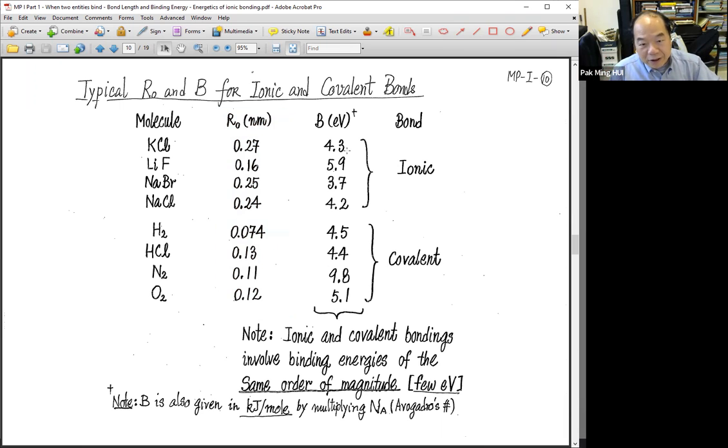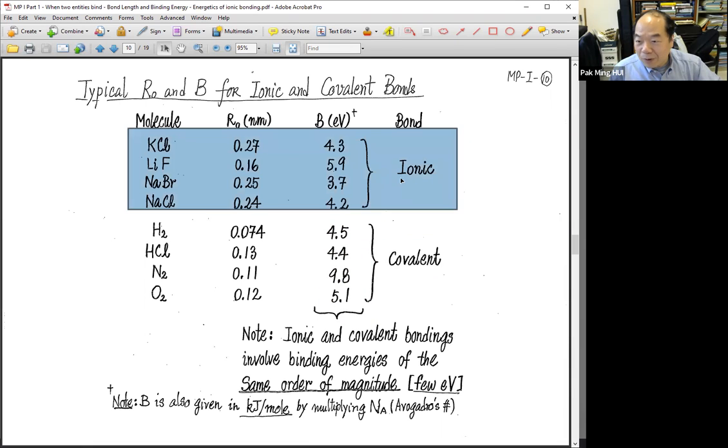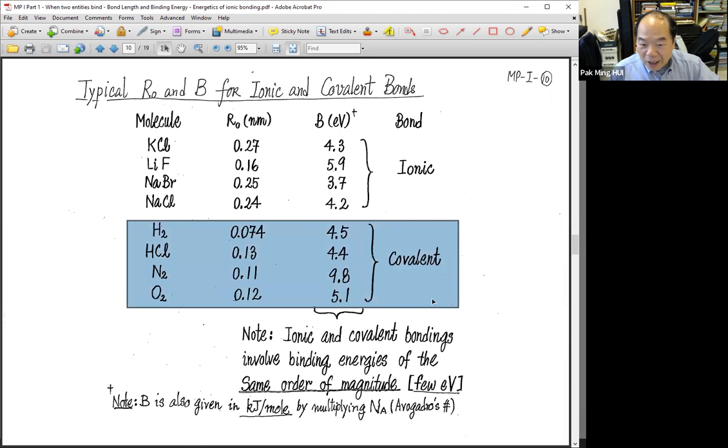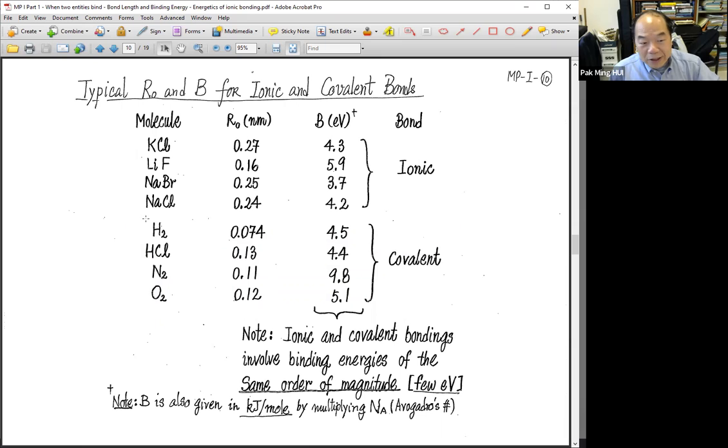Binding energy, quite boring, right? 4 eV, 5 eV, 6 eV, 10 eV. So about a few eV. This group will be called ionic. We will have a better understanding of that. This group are called covalent. Again, we will discuss how quantum mechanics can be used to understand this bonding.